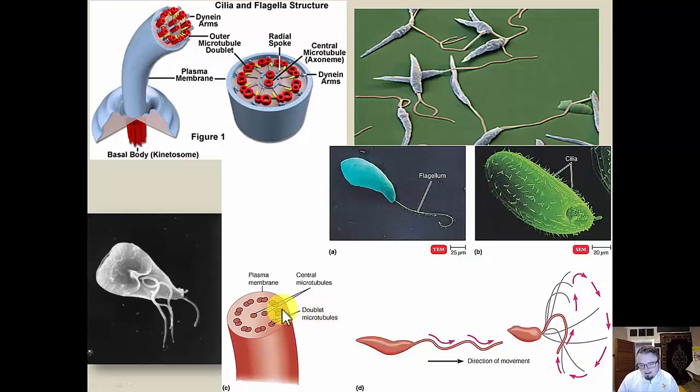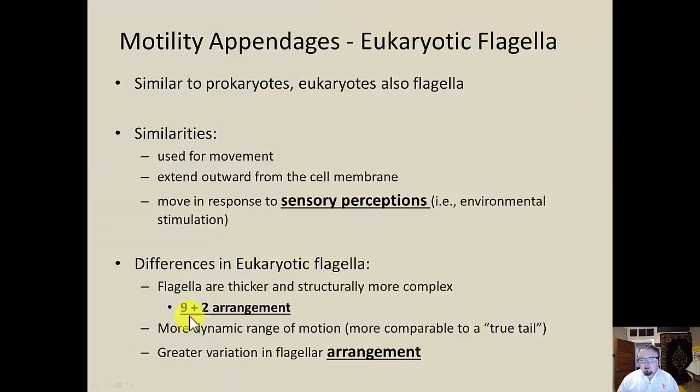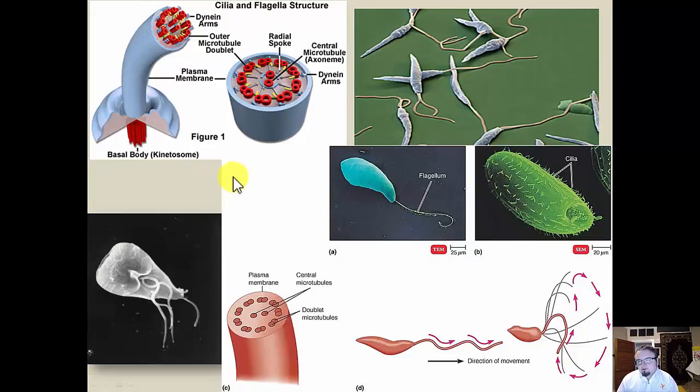What you essentially have are 9 pairs of microtubules around the outside, or rather around the periphery of the flagella. That's where the term 9 comes in. And then you have 2 microtubules inside here paired together, and that's where the 2 comes in. So when we say it has a 9+2 arrangement, that is in reference to this organization here with 9 and then 2 in the middle. Again, very random name. They could have called it anything, but that's what they decided to call it.